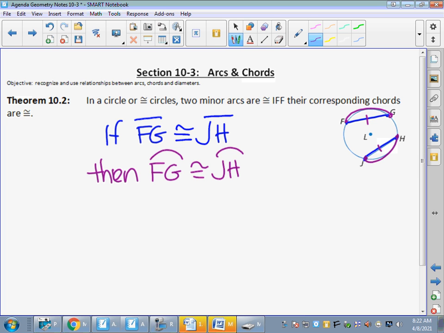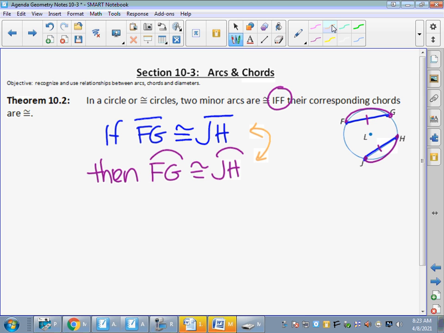And remember, if and only if says that I can switch the order of those. So if I know that the arcs are congruent, I can also say that the chords are congruent. So I could say, well, I know that arc FG is congruent to arc JH.